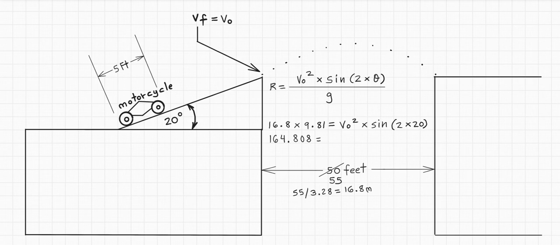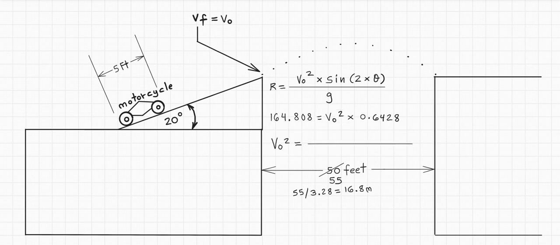So if we take the left side, we make this equal to initial velocity squared, V0 squared, times the sine of 40 degrees. So we get 0.6428 times initial velocity squared is equal to 164.808. So we can solve for V0 squared by dividing 164.808 by 0.6428.